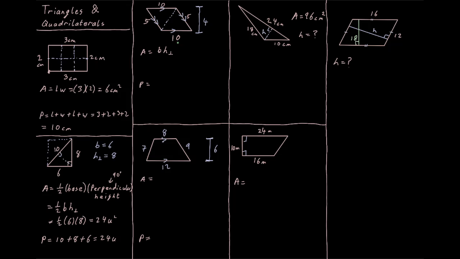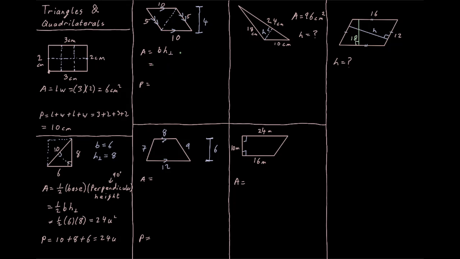So if we look at our 10 unit side length here, we know that perpendicularly up away from that, that's what this is supposed to indicate, is going up 4 units. Whereas the diagonal here, we don't know the perpendicular distance to the far side, so we wouldn't be able to use that as our base, because we don't know the perpendicular height away from it.